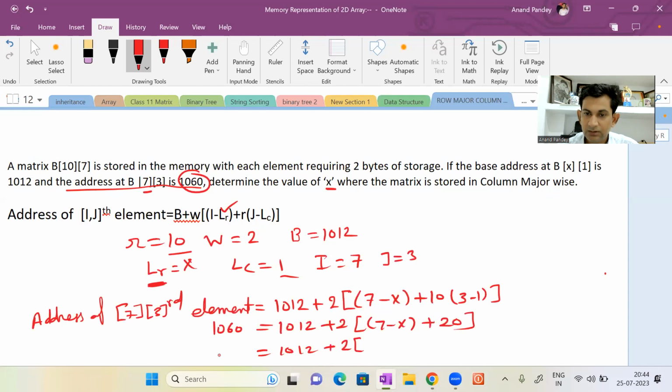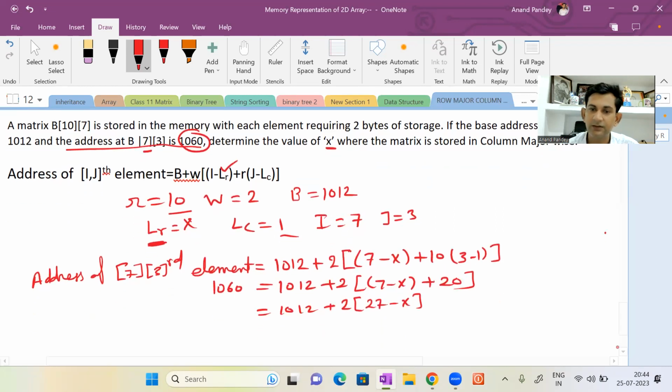We'll solve the formula. If you open this bracket, you get 1012 plus 54 minus 2x.